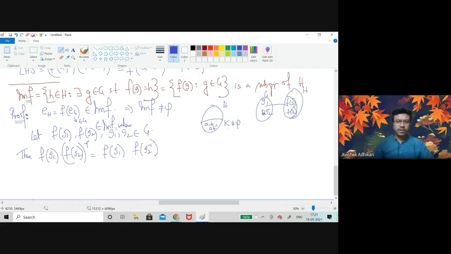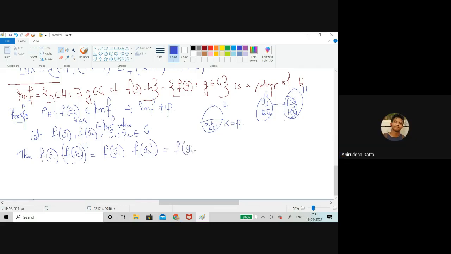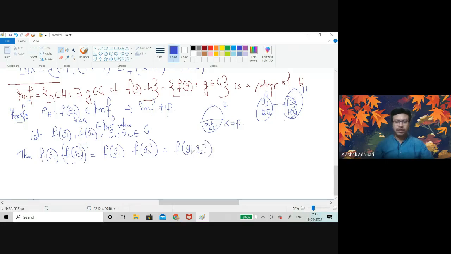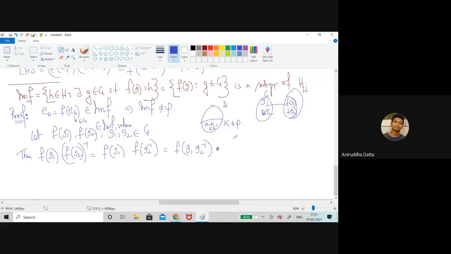So f(g2) whole inverse is nothing but f of g2 inverse, and then f(g1) f(g2 inverse) is f of g1 g2 inverse, because it's a homomorphism, and then this belongs to the image of f. It belongs because g1 and g2 belong to G, so g1 g2 inverse belongs to G.